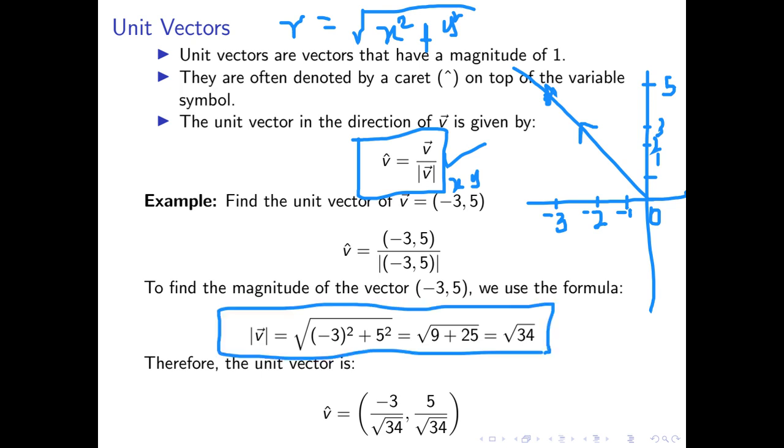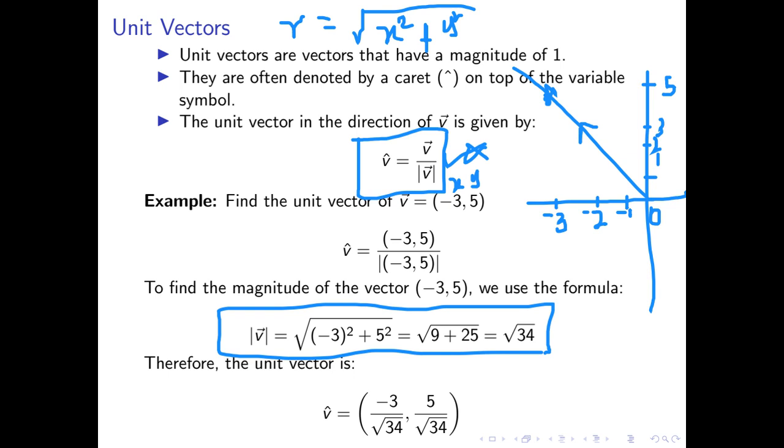But that is not all. We need to obtain the unit vector using the formula that we have here. So now, if we want to use it, it becomes -3 divided by root 34, comma 5 divided by root 34. That is how you're going to be writing the unit vector. And you can actually do a sketch of this unit vector.